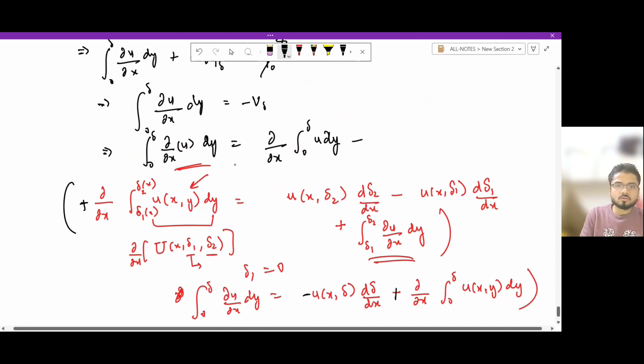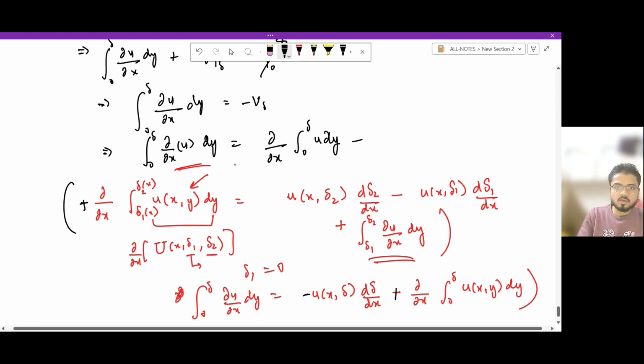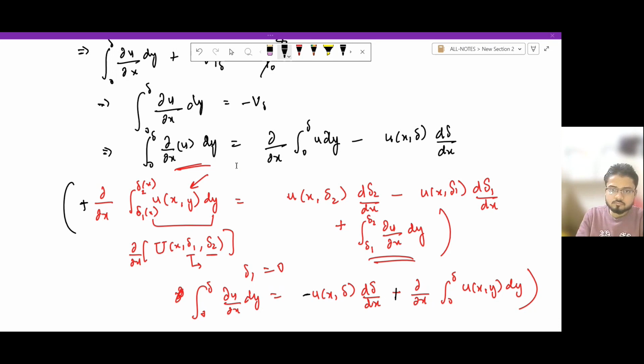Okay, so inserting this into the above equation, from this part we get u(x, delta) d delta over dx, and u(x, delta) is obviously u infinity.